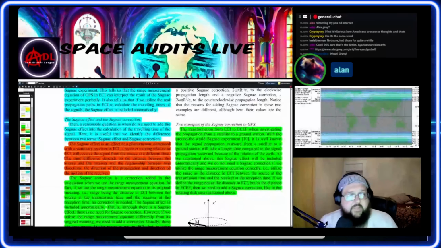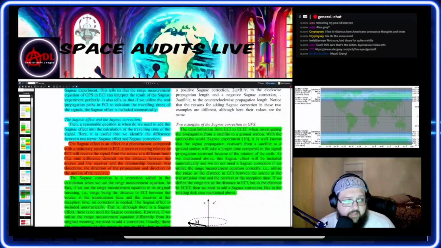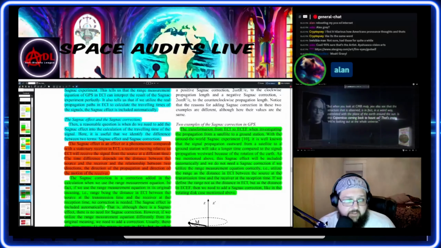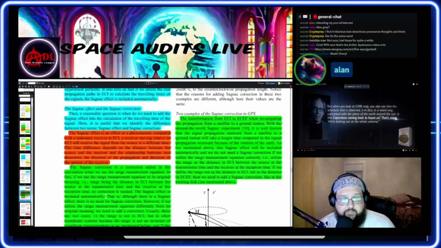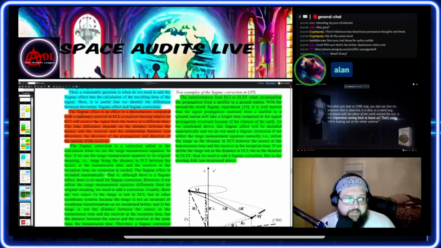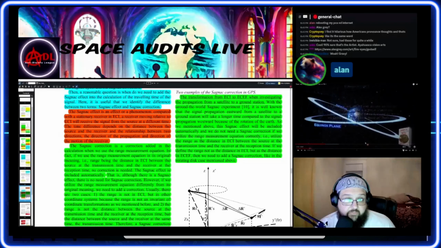So the Sagnac effect and the Sagnac correction. Then a reasonable question is, when do we add the Sagnac correction to the calculation of the traveling time of the signal? Here it is useful to identify the difference between the two terms, the Sagnac effect and the Sagnac correction. The Sagnac effect is an effect or phenomenon compared with a stationary receiver in an Earth-centered inertial frame, or stationary non-rotating Earth.